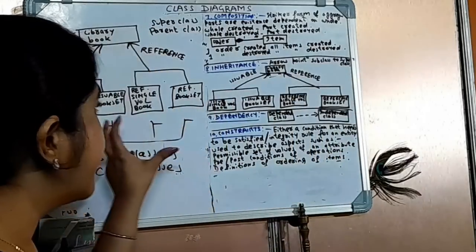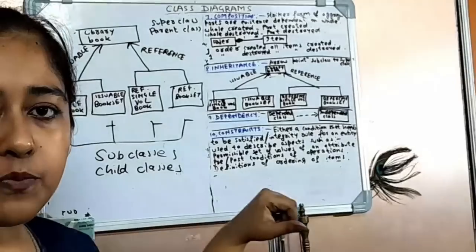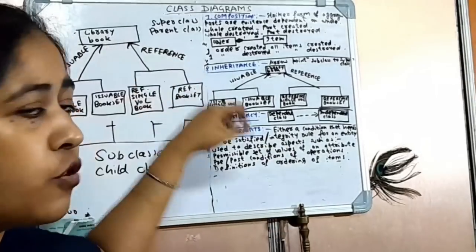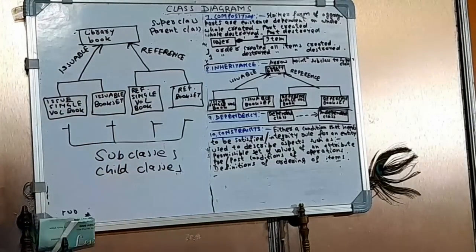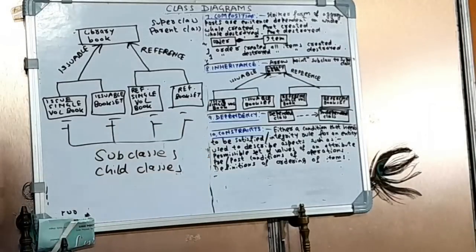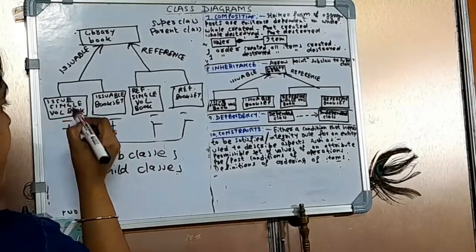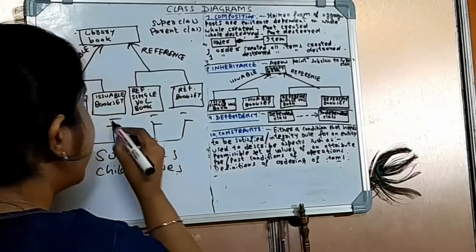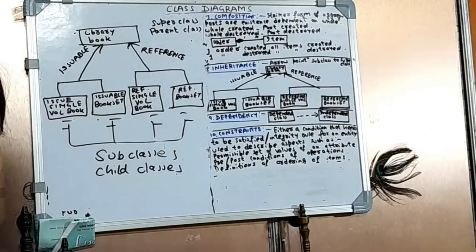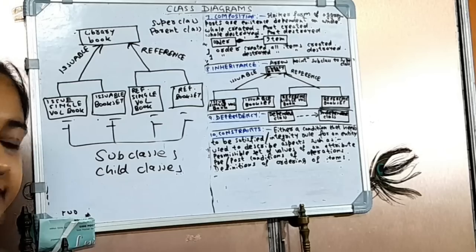This is what is there in these subclasses and superclasses, and it is shown with the inheritance relation. These are all my child classes, that is, the subclasses. I can issue a single volume book, one book, or I can issue a total book set.